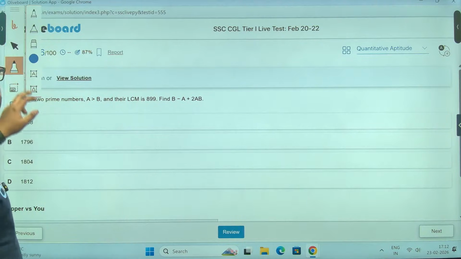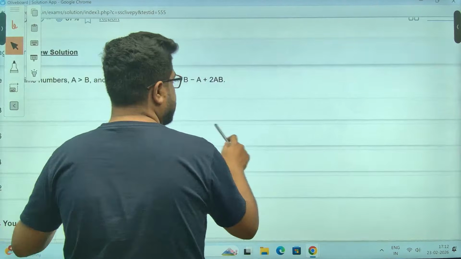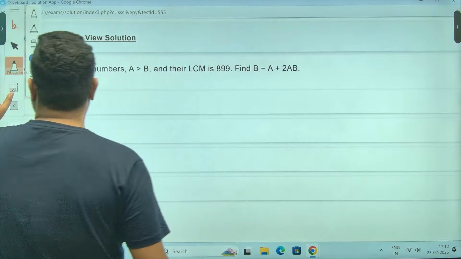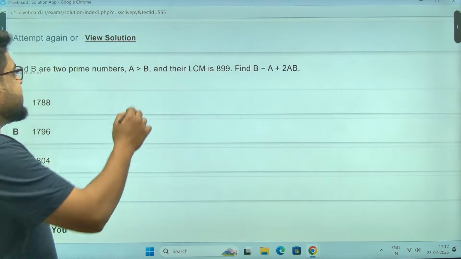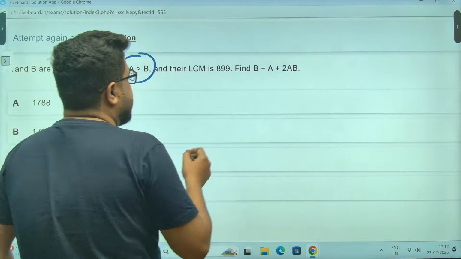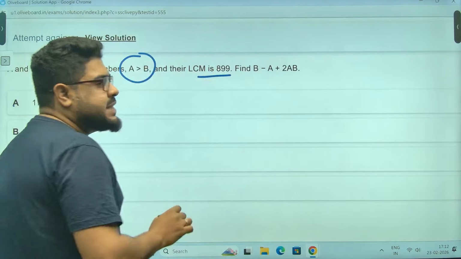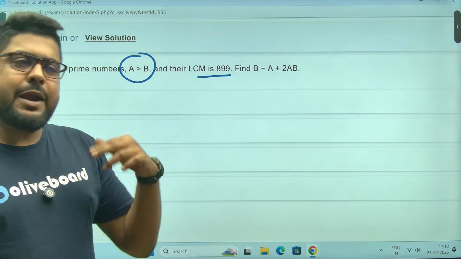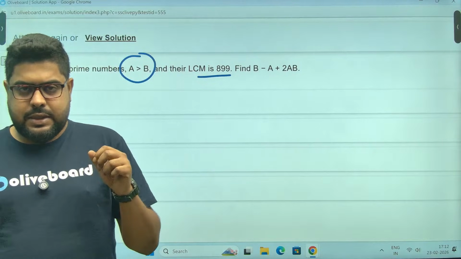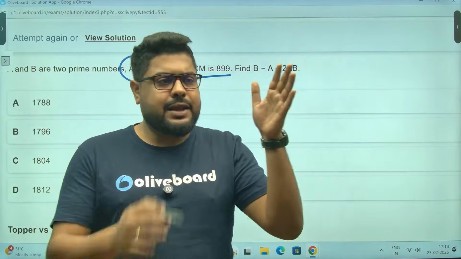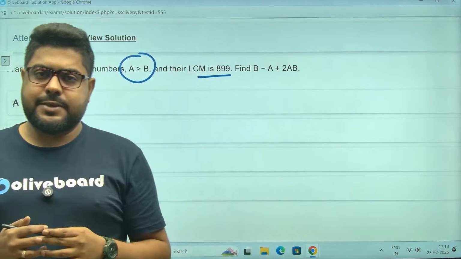Next one, sir. Sir, what is this? A and B are two prime numbers such that A is greater than B. Sir, LCM of two prime numbers. Prime numbers do not have any factors other than one and themselves.